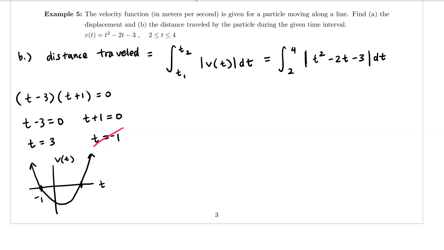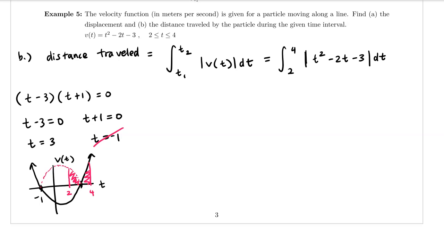And if we're taking the absolute value, essentially what's happening is anything below the t-axis is getting reflected so that everything is positive or above the x-axis. Now, we're really only concerned about this function between time 2 and time 4. So to answer this question, I want this area and I want that area.